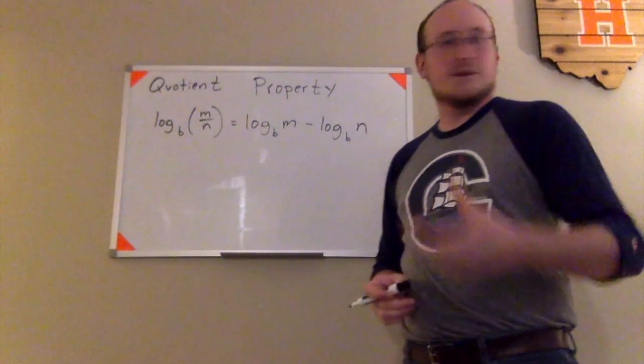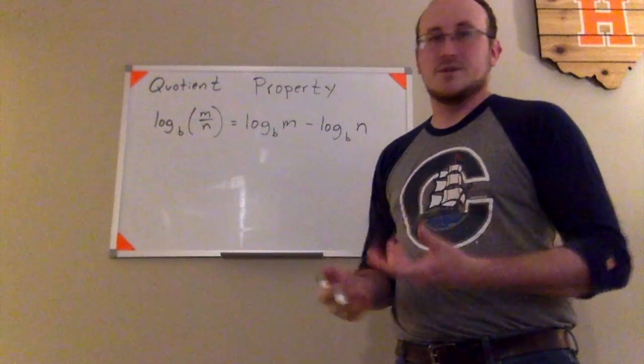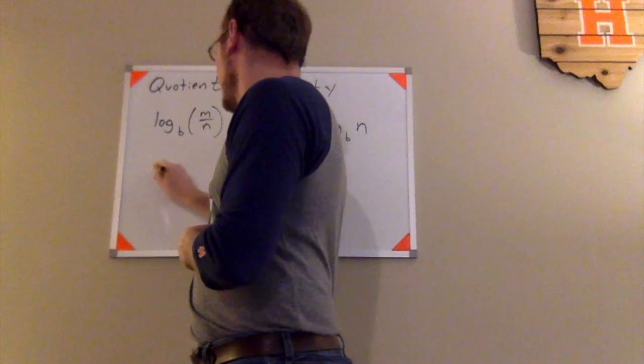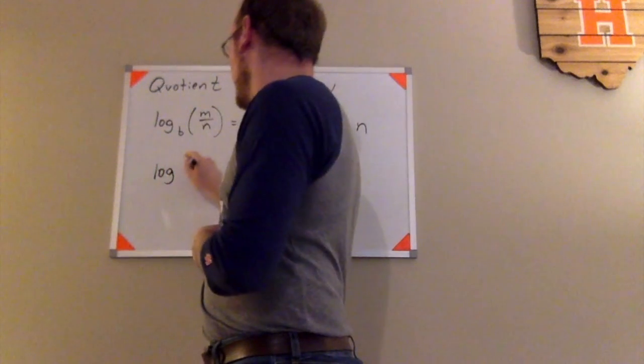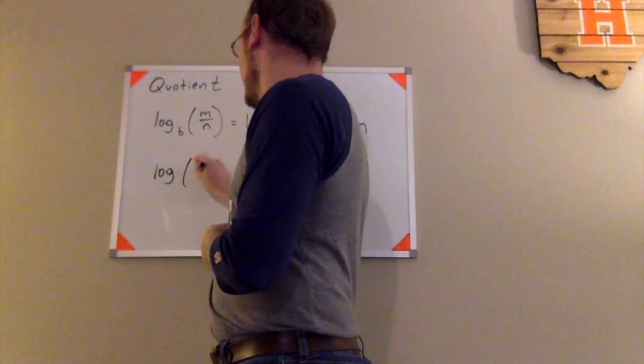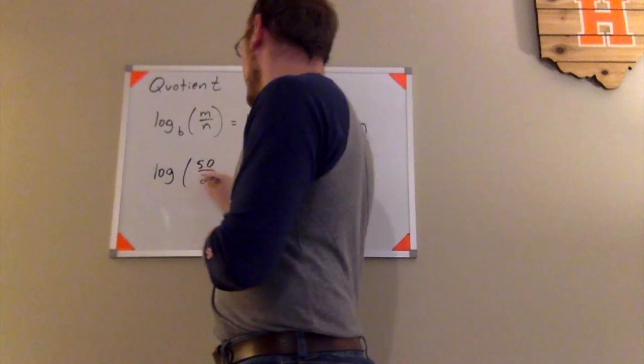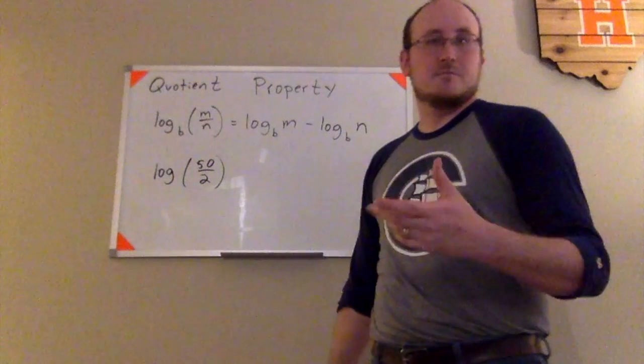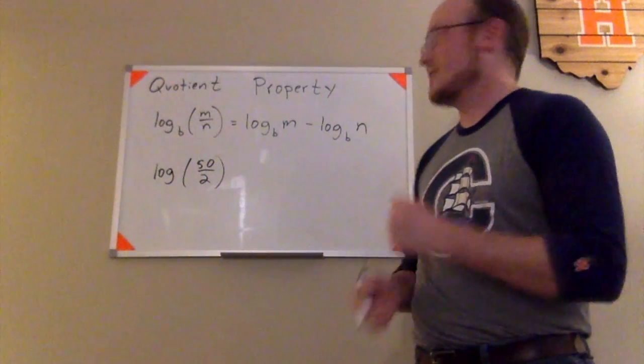Let's look at an example here to hopefully verify for you that this property is true and it's not just something that I've made up. Let's say I had the logarithm of 50 over 2, like that. Again, I'll use the base 10 common logarithm to make it a little bit easier to put into the calculator to evaluate this.